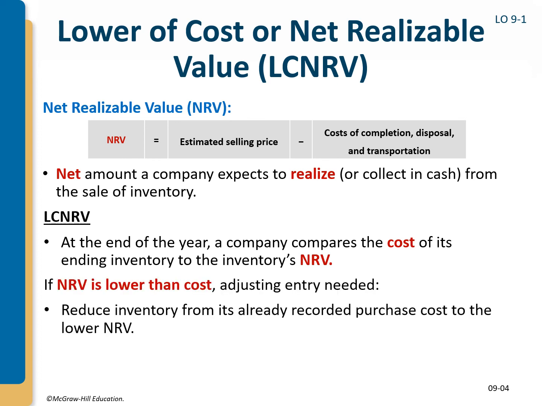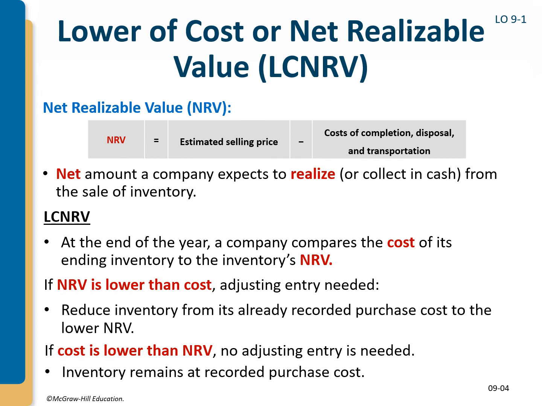If the net realizable value is lower than what the cost was originally, then the net realizable value becomes the new amount of the inventory for the end of the year. If cost is lower than net realizable value, then you'll sell it for more than you paid for it. Inventory remains at the amount you purchased it at.